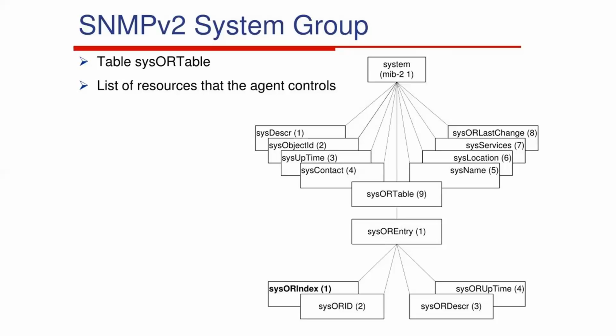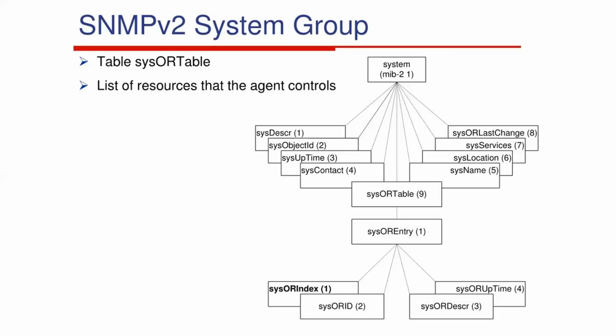However, if it continues the operation, it would receive a no such name error message. So this diagram shows the sequence of operation to retrieve the MIB using the get bulk message. The entire MIB data are retrieved in two requests.